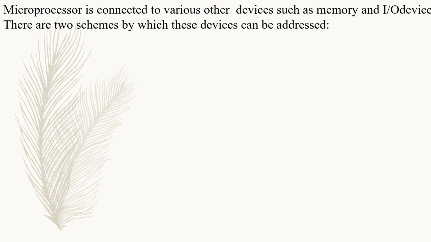There will be no data, nothing will be stored in this memory location. So in other words, when these two addresses are used to select the input-output devices and not for the memory location, this type of addressing is called memory mapped input-output.